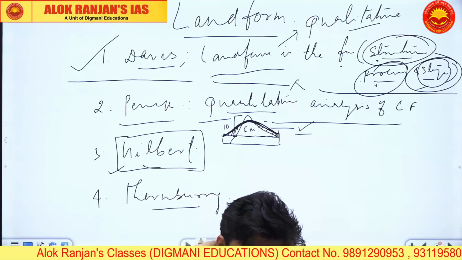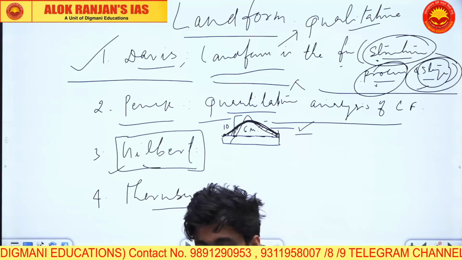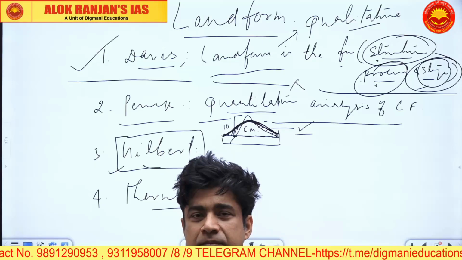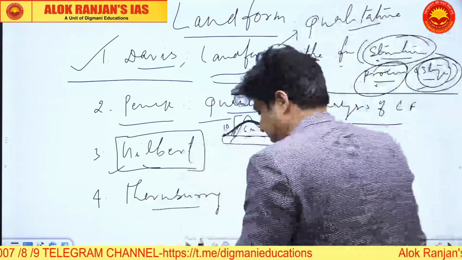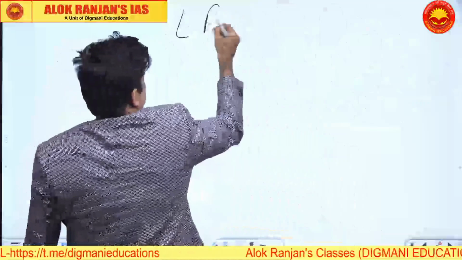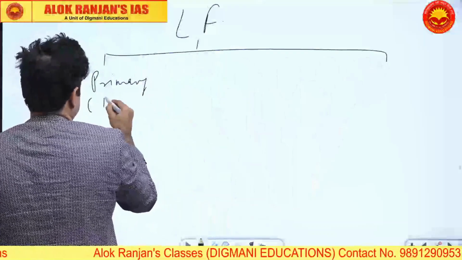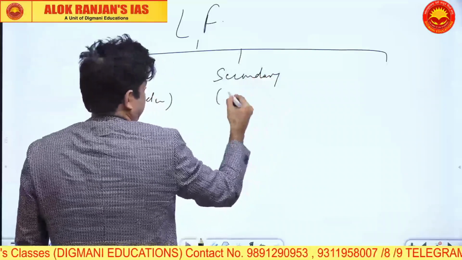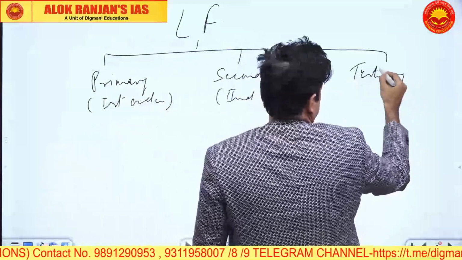We'll continue with Thornbury. Please write. Landforms are classified as first order landforms or the primary landforms, second order landforms, primary, you can call it first order landform, secondary, you can call it second order landform, tertiary.